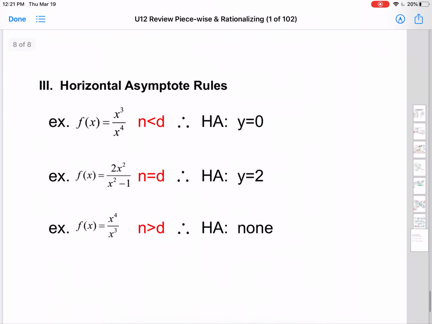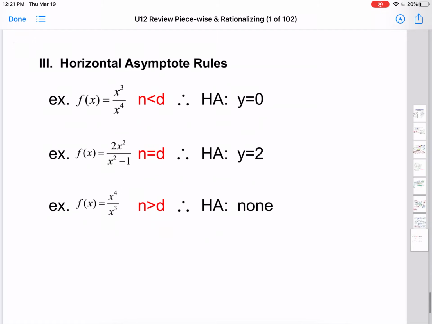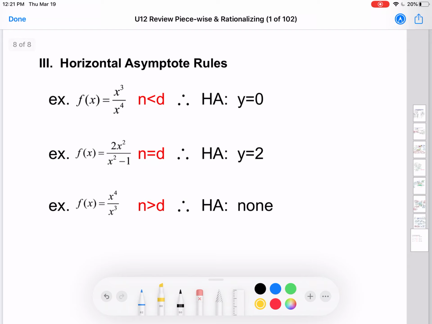Okay, next part of review here. We just have to review the horizontal asymptote rules. We'll be using these as well. So remember, if I give you a function and I want you to find out if there is a horizontal asymptote, you compare the highest degree of the numerator with the highest degree of the denominator. So here I'm comparing 3 and 4.